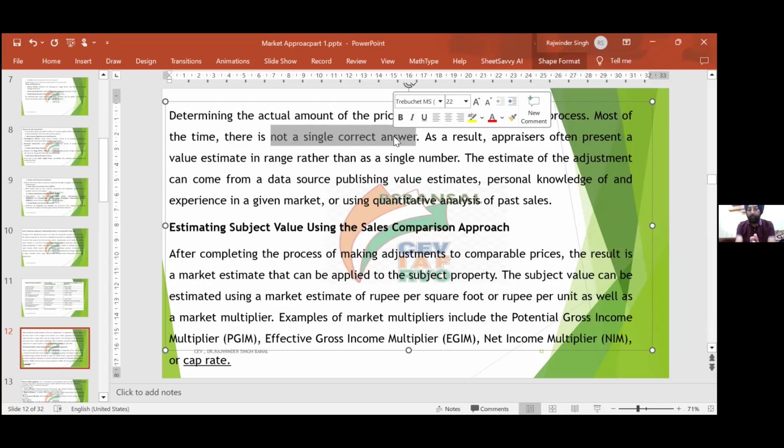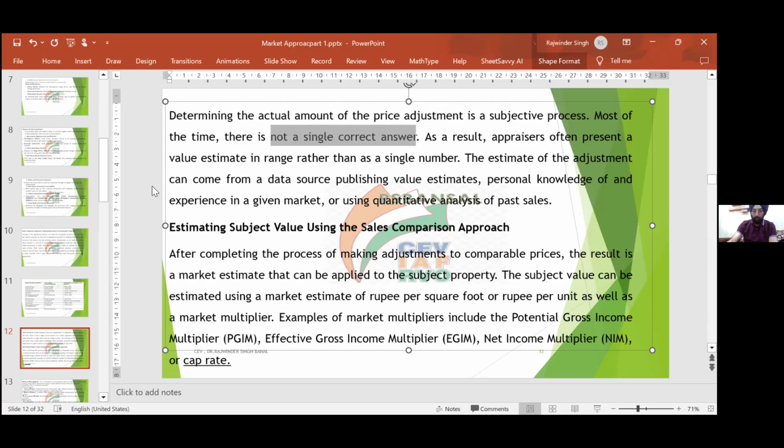You will not get a single value. You will get a range of value from 24 lakh to 30 lakh, say 30 lakh to 40 lakh. But in the end, you have to conclude one single value. Then, how to arrive at that value? That is another important thing which we will learn during these examples.